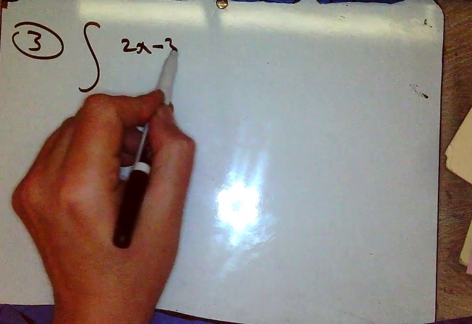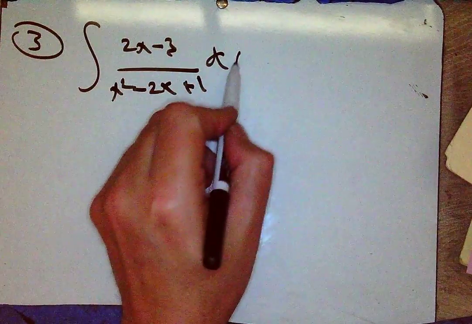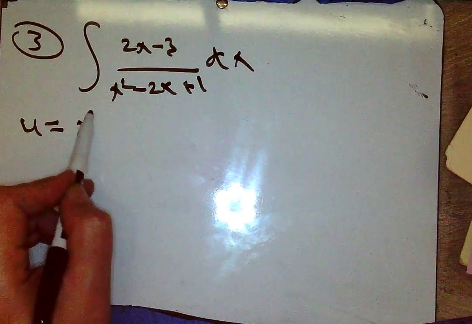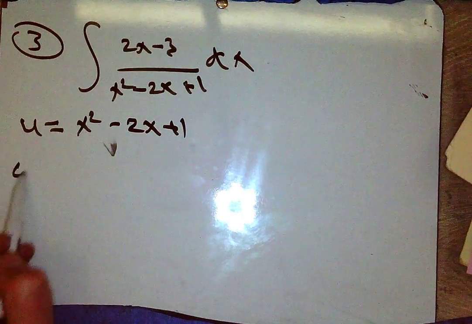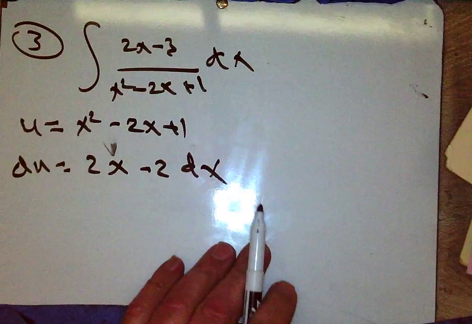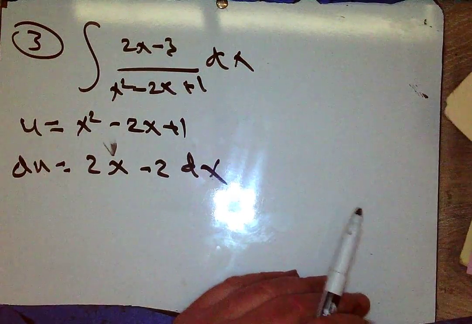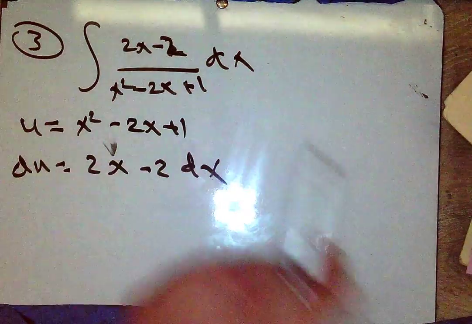Okay, number 3 on station 13. 2x minus 3 over x squared minus 2x plus 1 dx. Well, I think this is a u sub where u is the whole denominator. And look what du is. It's feeling pretty close. Especially if I copied the problem down properly.